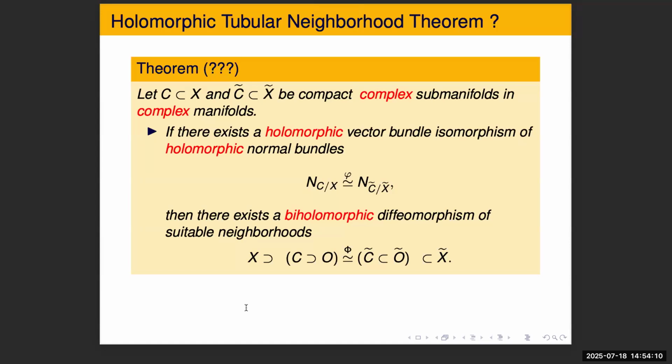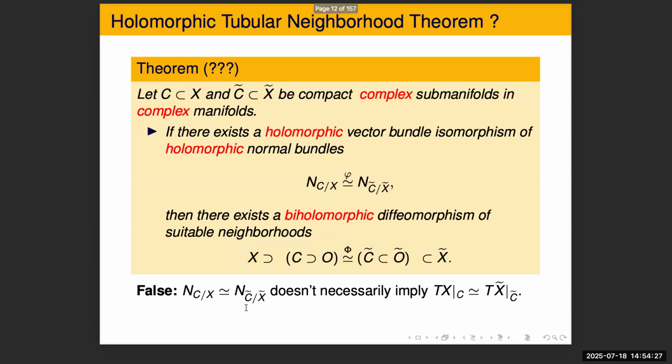Then one would like to say that there exists a biholomorphic diffeomorphism of suitable neighborhoods of the submanifold. So is this true? That was the question. And this is not true.